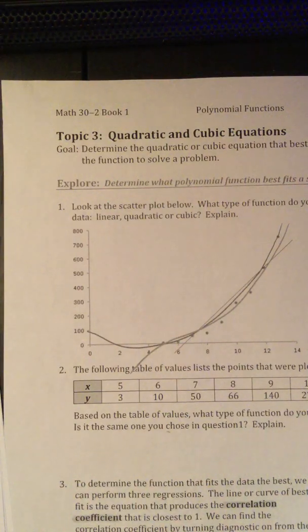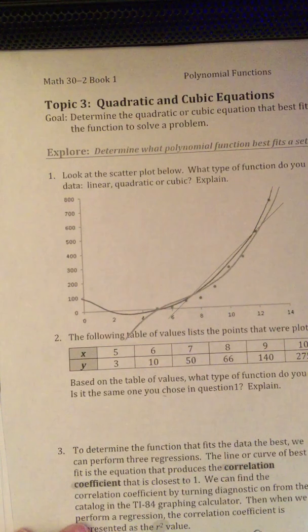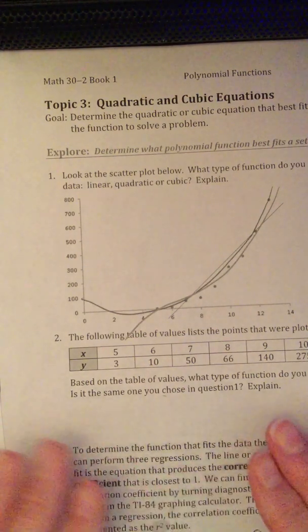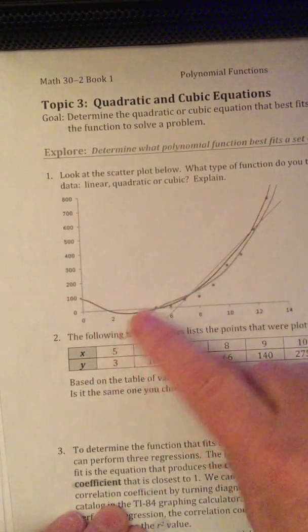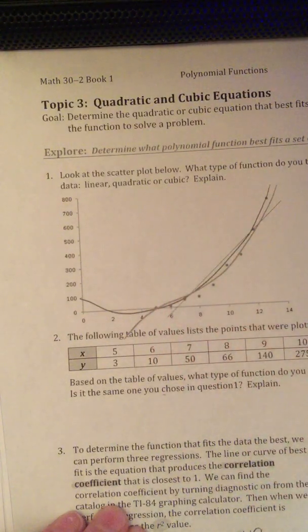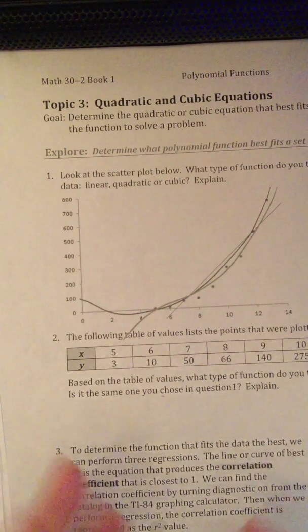Now the following table lists the points that were plotted on the scatter plot. Based on the table of values, what function do you think would best fit the data? We've got these three possibilities: linear, quadratic, or cubic. One of them could do. You may look at it and say, I really think that's a nice curve, that's going to be quadratic.